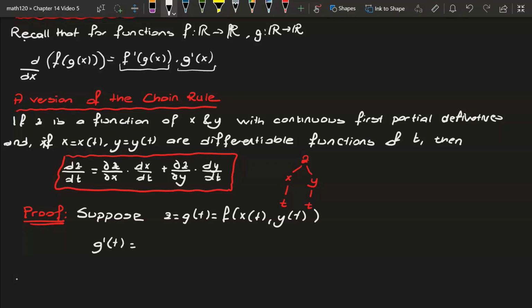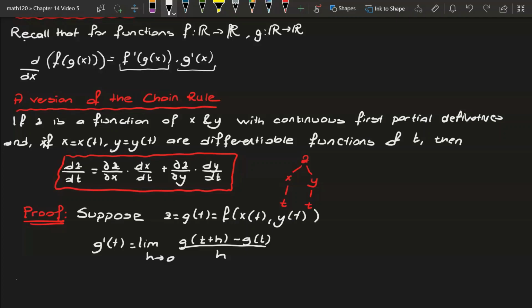We know the limit definition of derivative. It means, as h goes to 0, g of t plus h minus g of t over h.